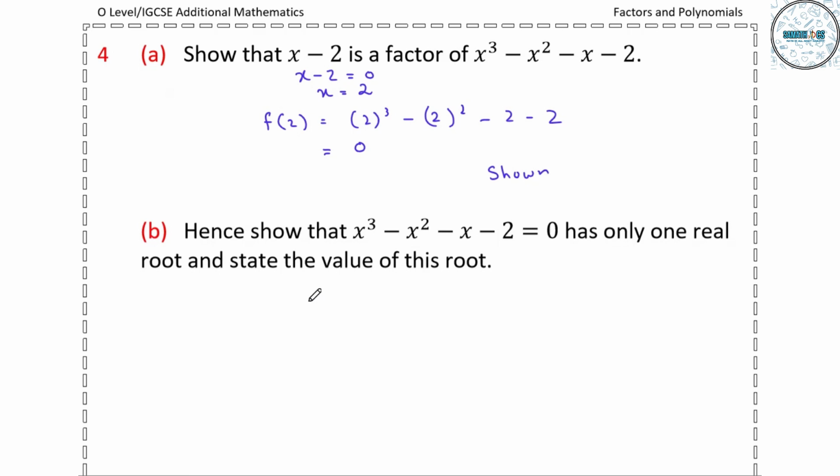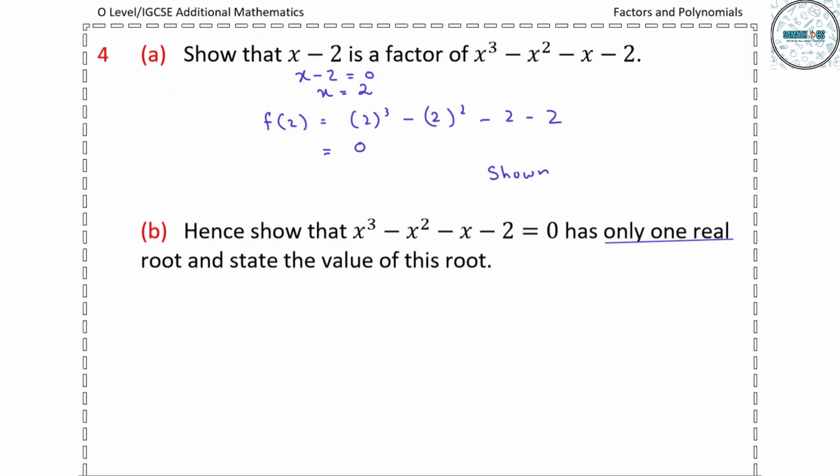Hence show that x cubed minus x squared minus x minus 2 is equal to 0 has only one real root. Which means that when you will factorize this, you will get a linear factor and a quadratic factor. That quadratic factor will not give real roots. So that's the reason we will be getting just one real root.